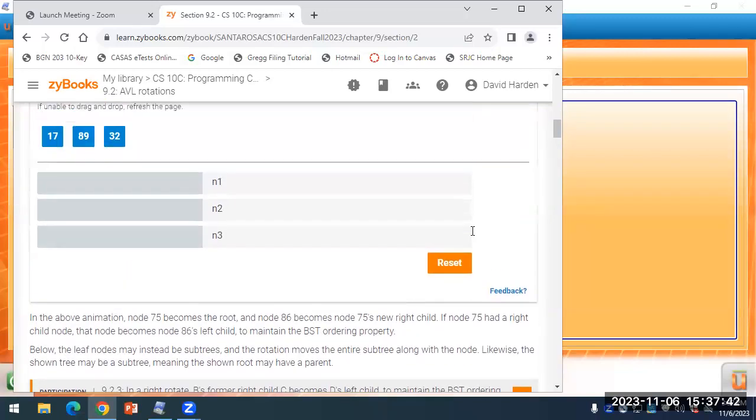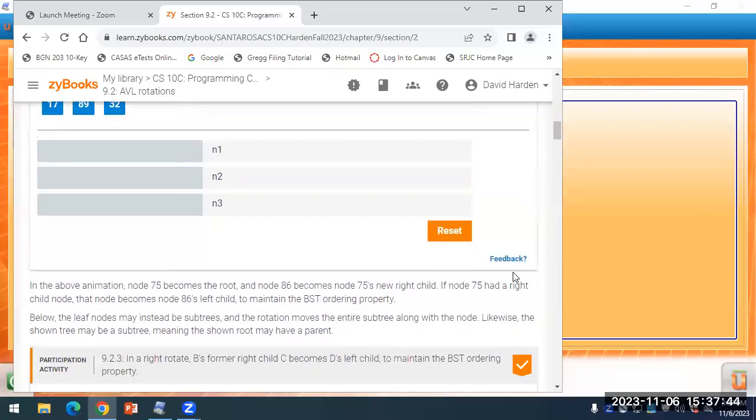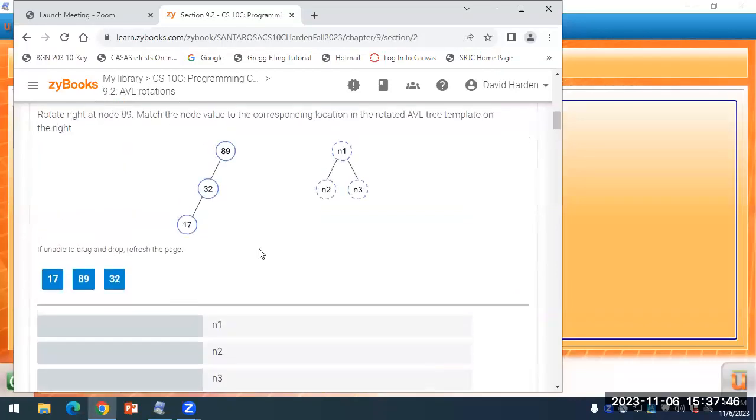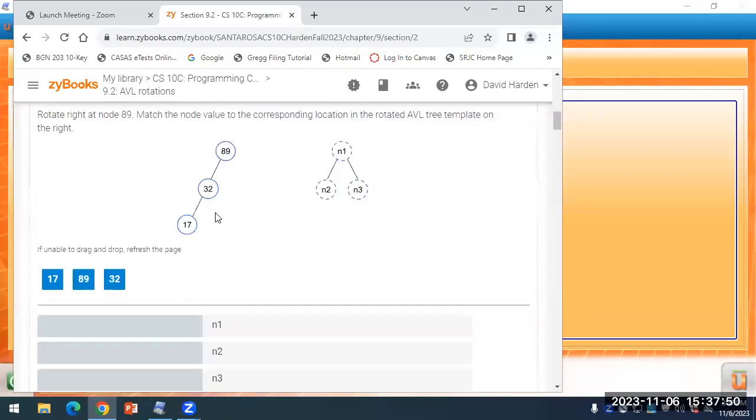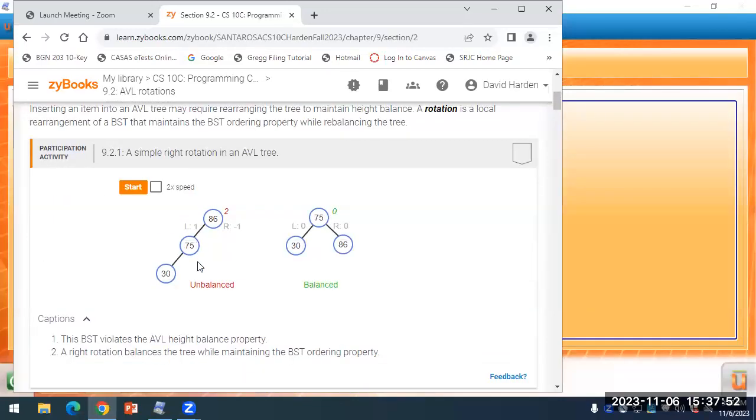If node 75, okay, here's where it gets a little tricky. If node 75 had a right child node, what would we do with that? 75 is going to get a new right child of 86.